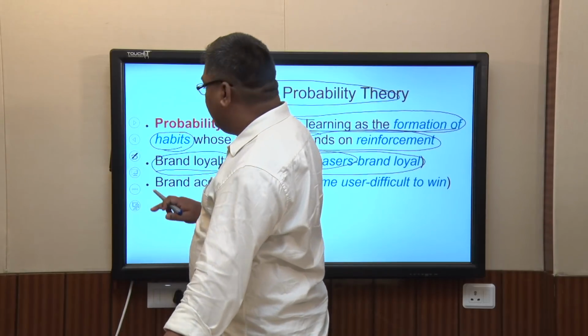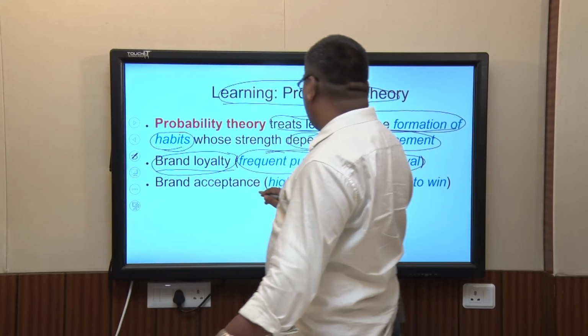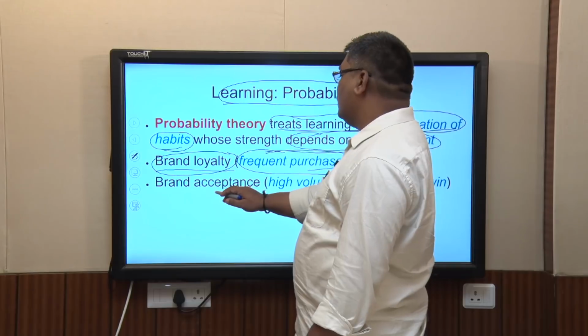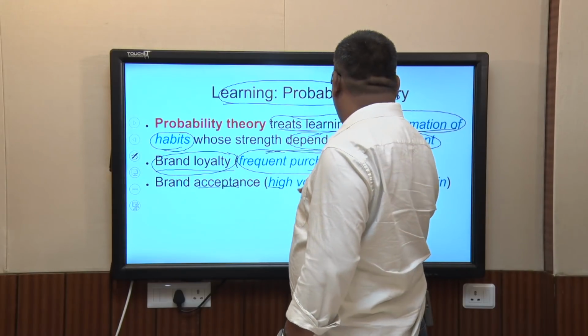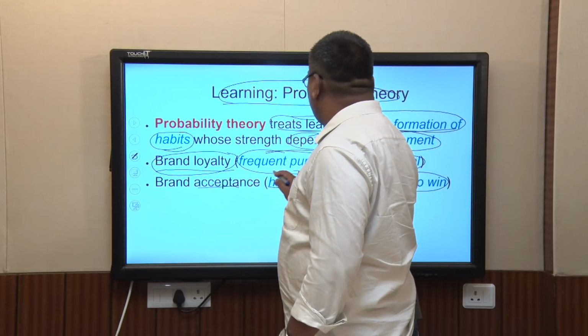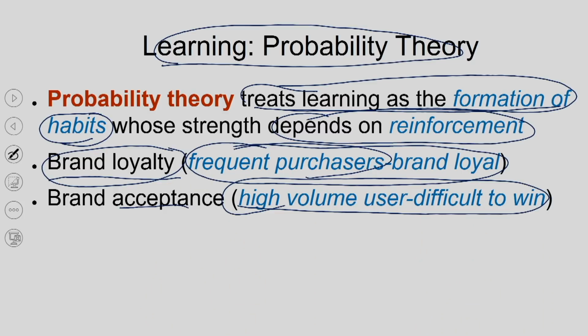The second factor has to do with something called brand acceptance. And what is brand acceptance? Higher volume users are difficult to win. What does it really mean? People who use a particular brand in very high volume are very highly satisfied with it, and they become brand loyal, and it is very difficult to shift the loyalty of these people.